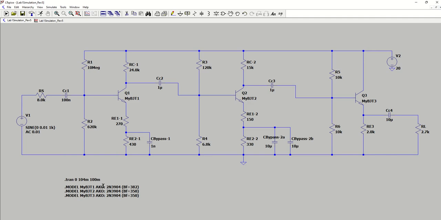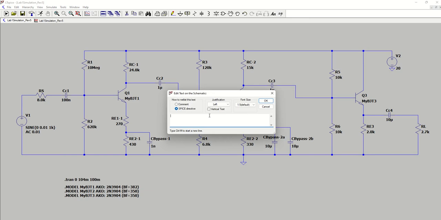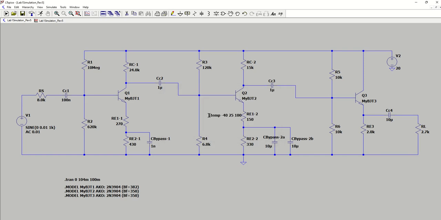Okay, so moving on to the temperature sensitivity. In the temperature sensitivity, you still want to have a transient analysis, so you'll keep this directive. And then we're going to go to the .op, or you could press S, and we're going to type .temp negative 40, and so that means the first sample is negative 40 degrees Celsius, and then 25 degrees Celsius, and then 100 degrees Celsius.